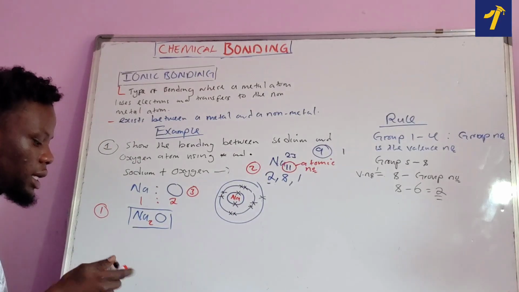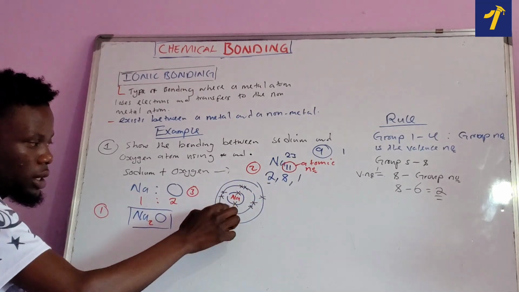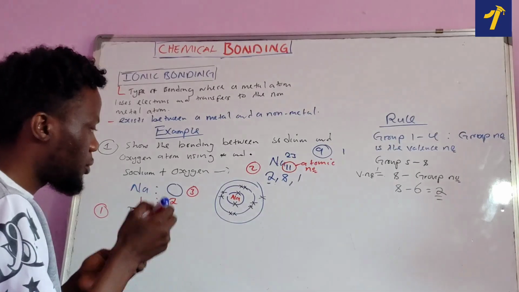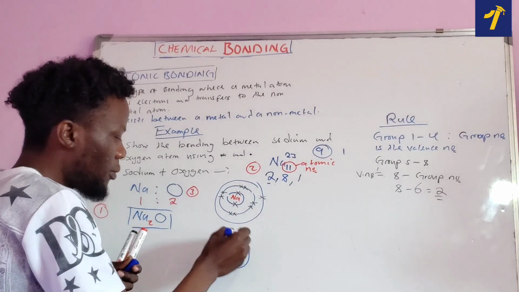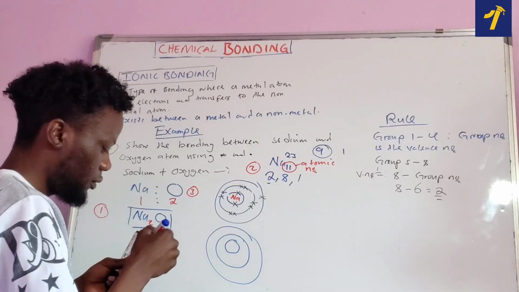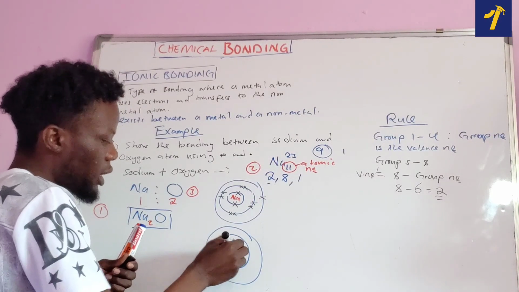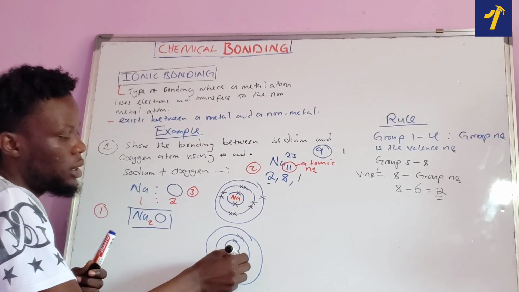So I'm going to write another one, just the same thing as the one that I wrote here. In the first shell, we had 2. In the second shell, we had about 8.